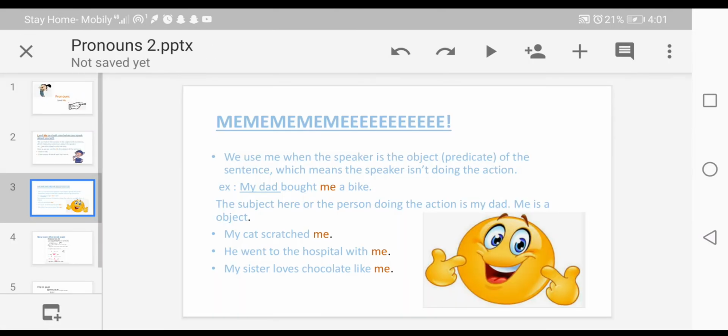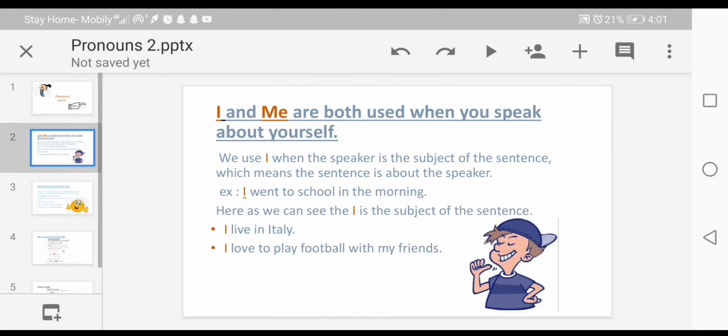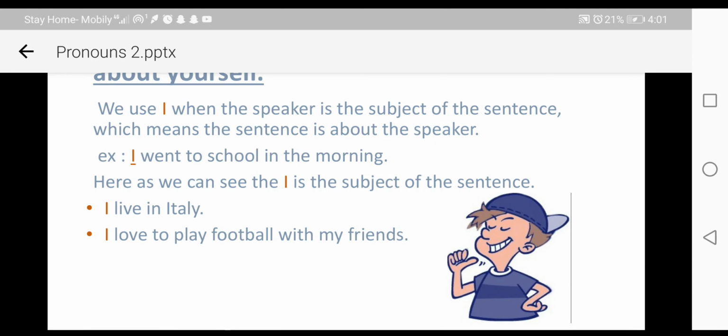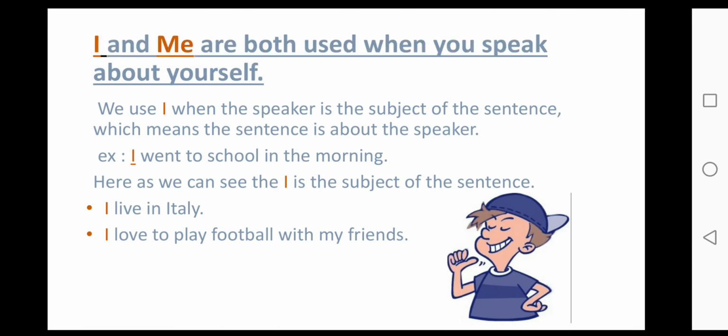Now, I and me are both used when you speak about yourself, right? So if you speak about yourself, you use the pronouns I and me.